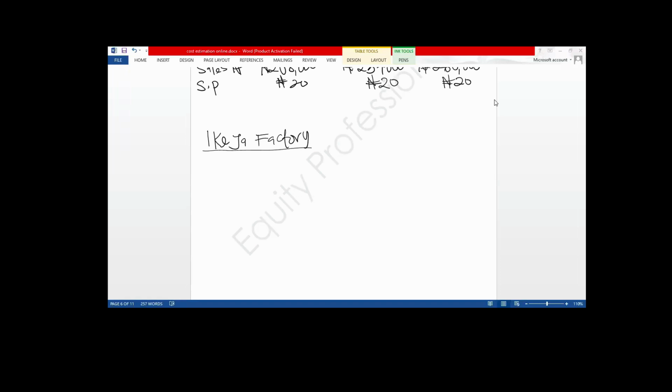Again, you are going to take a similar approach here also. Start with your step 1. Step 1: determine outputs in units at each level of activity.